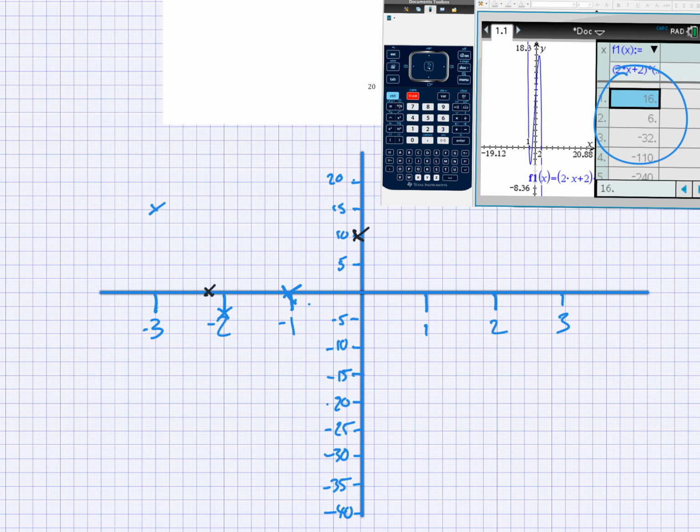We've got 10 at 0. 1 gives us about 16, which I can just about fit on with my GDC where it is. 2 is just about on 8. 3 is well below the axis, that's going to go down to -32-ish. Oh sorry, did I say 2 is clearly at 6 and 1 is at 16? Yeah, so this is where I'm getting these from, and we had that point down here as well.